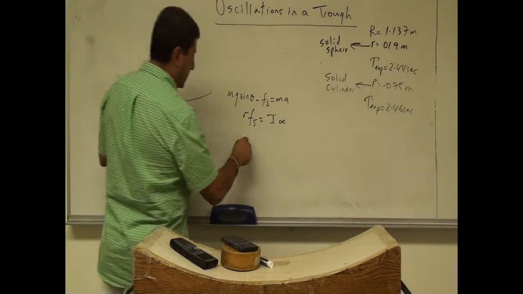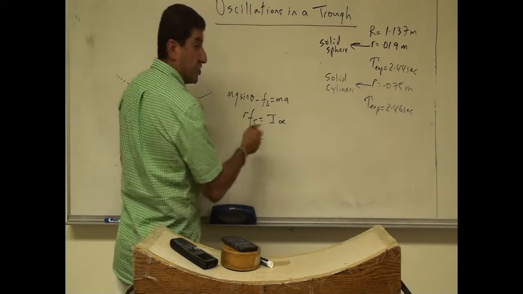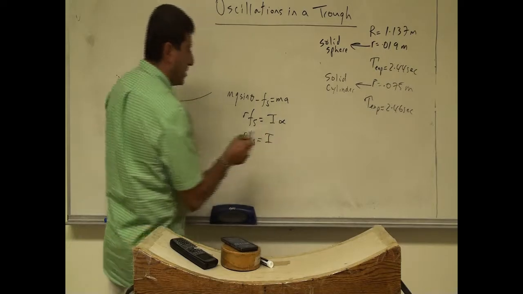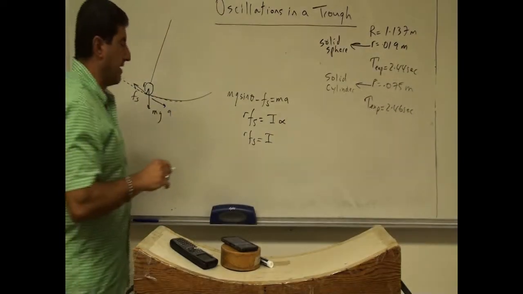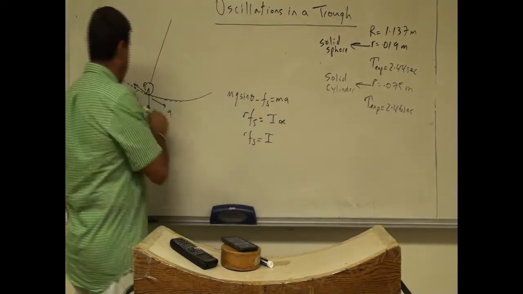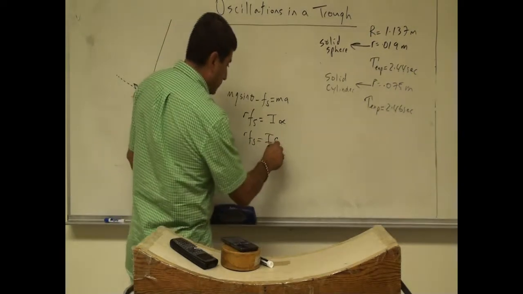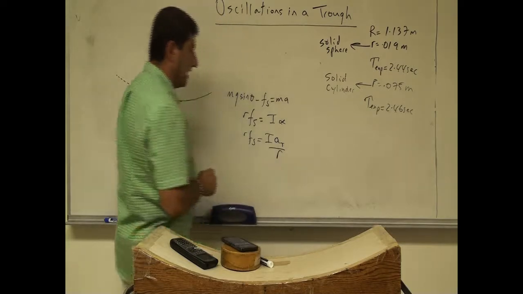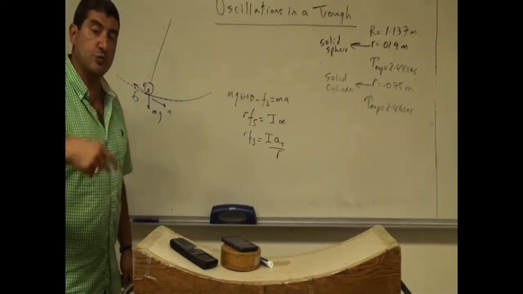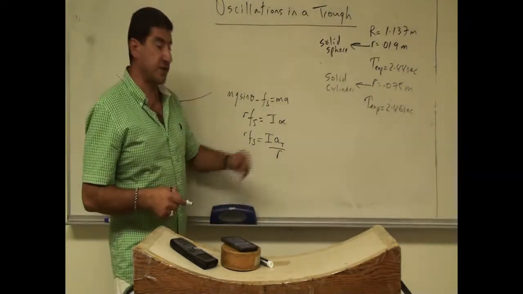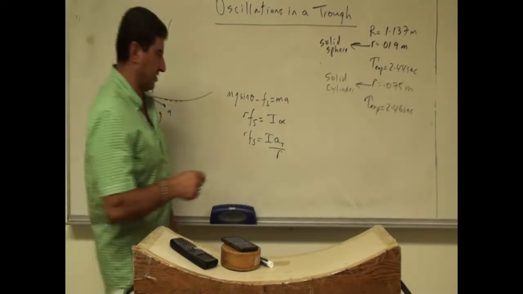So then, depending on the shape of that object, I can just put here I for general, right? And then the alpha is going to be the angular acceleration of the object, so it's going to be its tangential acceleration divided by the radius of the object. But if it's rolling without slipping, the tangential acceleration is equal to the center of mass acceleration.